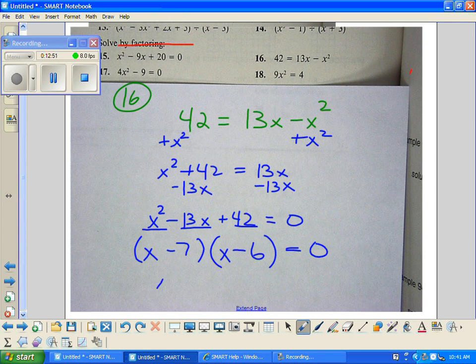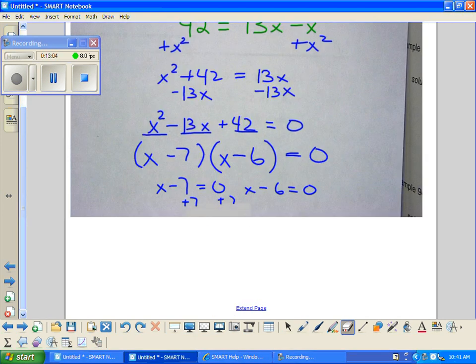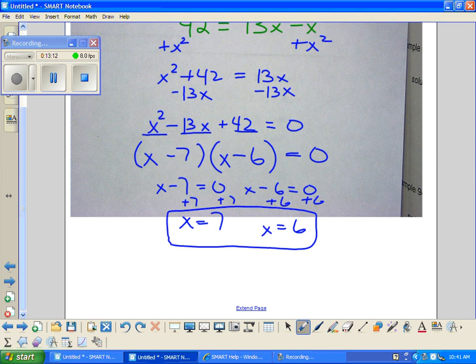Again, P times Q. And I get answers of x is 7 and x is 6. And there have to be 2 answers because it was x squared.